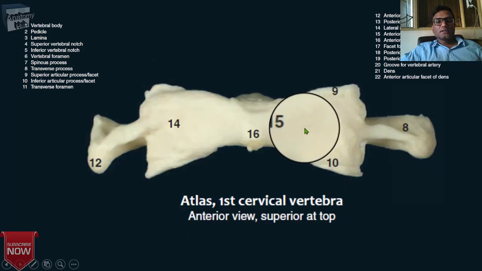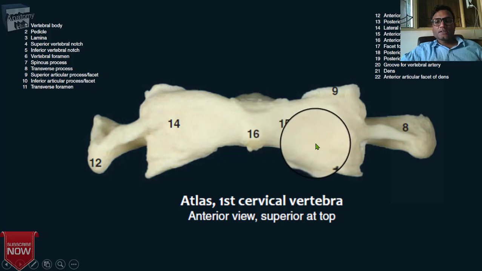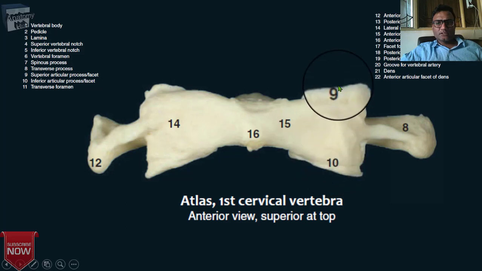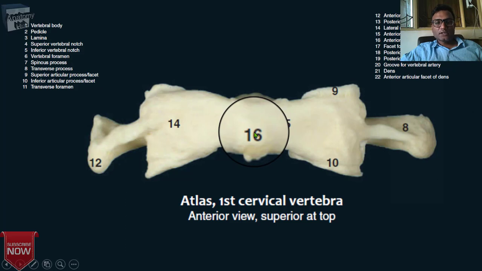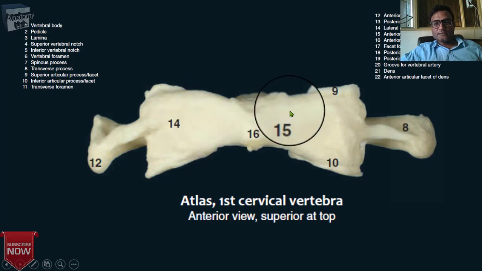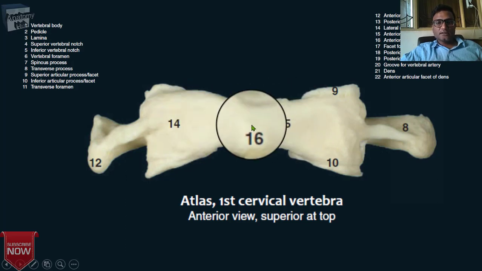If you see the atlas from the very front, you will find the inferior articular process, and here the superior articular process. This is the anterior tubercle, and here you will find the lateral mass of the atlas.